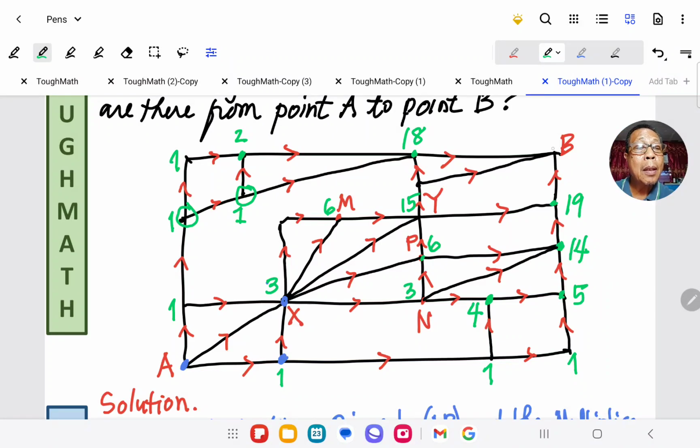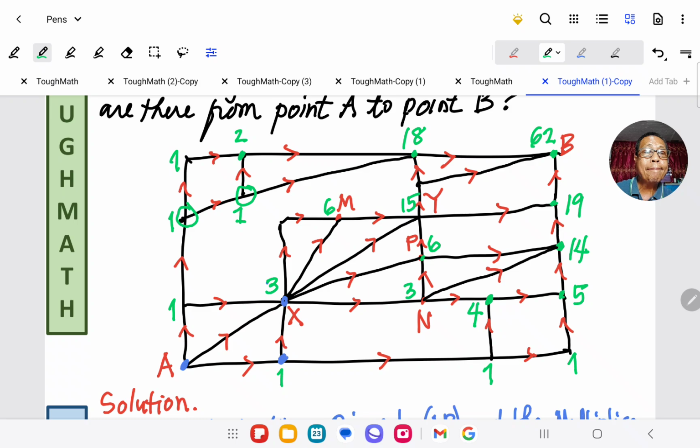And therefore, the numerical label of point B is 47 plus 15 plus 19. That's 47 plus 15, that's 62. Okay? So this is 62.